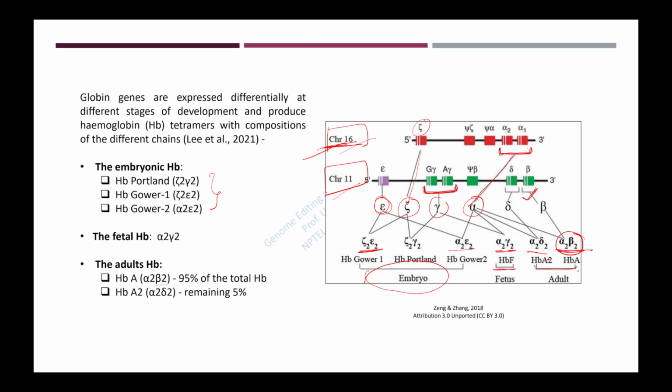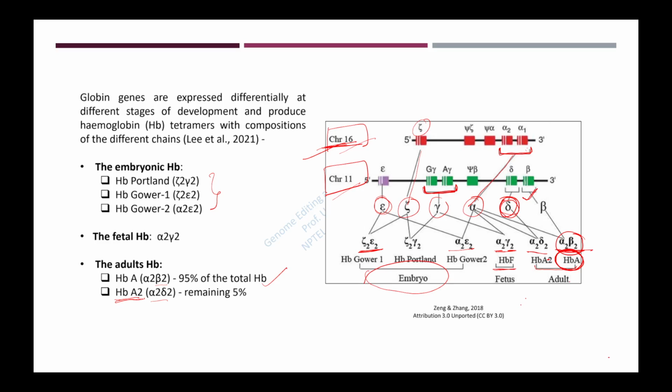Alpha 2 and beta 2 make HbA, hemoglobin A, which is 95% of the total adult hemoglobin. And hemoglobin A2, HbA2, which is alpha 2 and delta 2, is the remaining 5% of the hemoglobin.